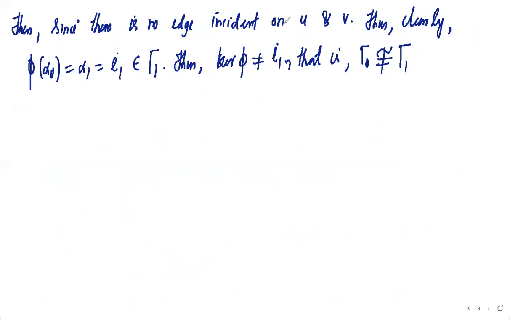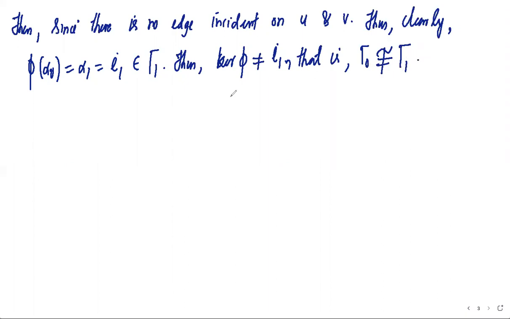Since there are no edges incident on these two isolated vertices, clearly the edge automorphism induced by this particular vertex automorphism will be an identity automorphism. But the vertex automorphism was non-trivial because it was moving two vertices among themselves, while its image under phi, which is the edge automorphism, is an identity automorphism. That means the kernel of phi is not equal to identity 1, and this means that gamma 0 and gamma 1 are not isomorphic.